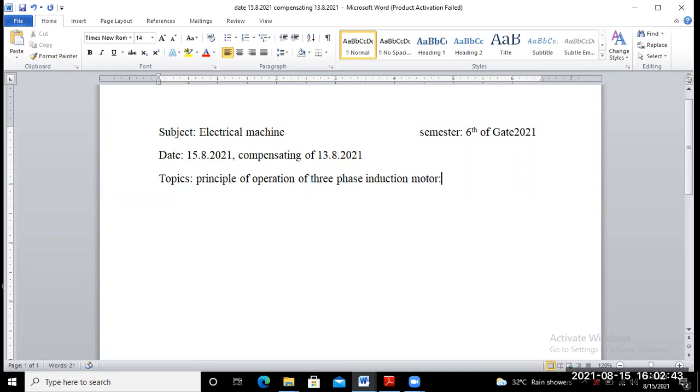As already described in the introduction part, it is called a three-phase induction motor because it is singly excited, with a three-phase AC supply given to the stator winding.